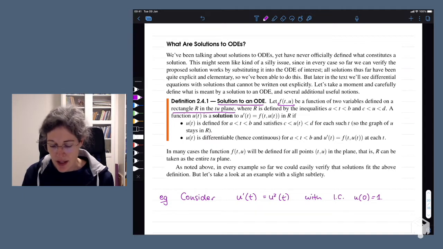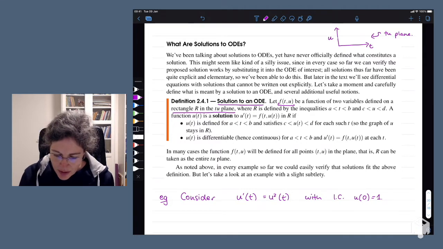Okay, nothing crazy here. All we're imagining is that if we're going to plot our solution, we would plot it t versus u, and we're thinking of that as the tu plane. So this is our tu plane. And we are thinking about some rectangle in there.